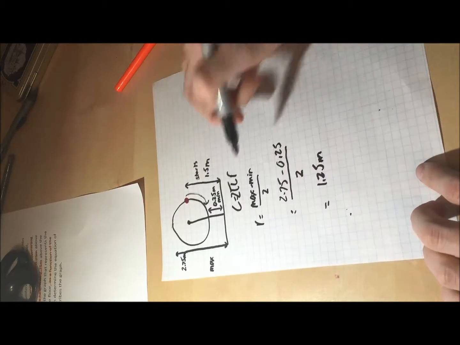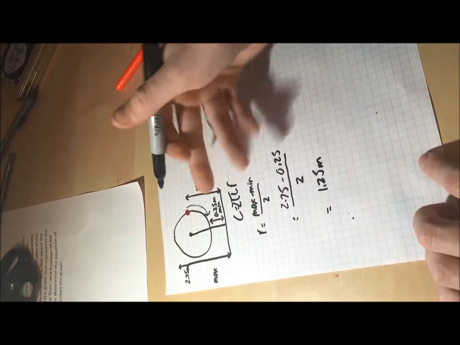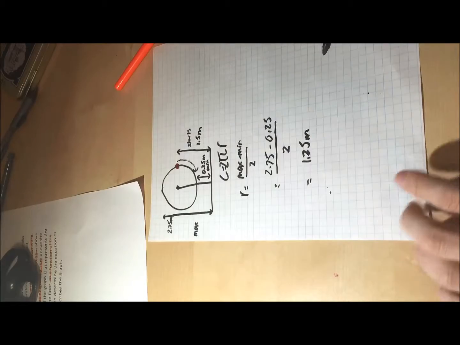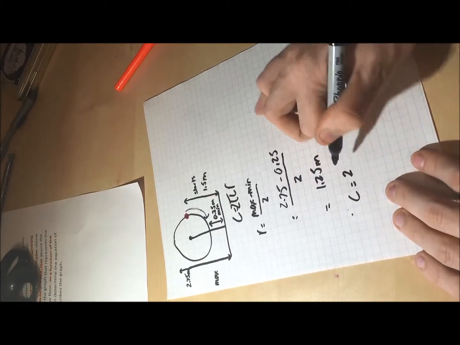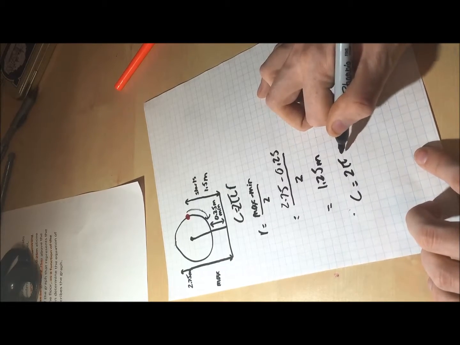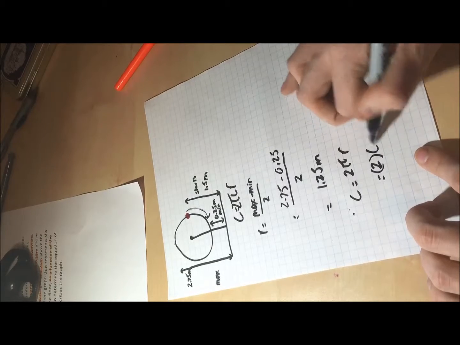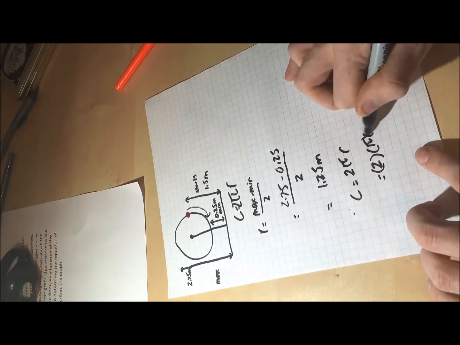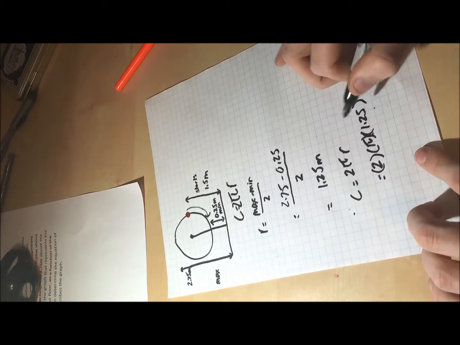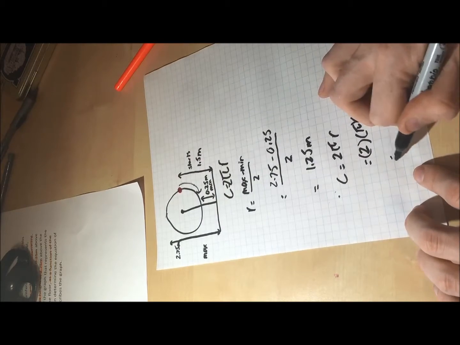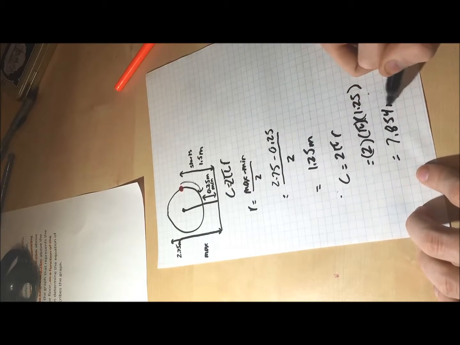Now go back and plug the radius into the equation to calculate the circumference of the circle. So circumference equals 2 multiplied by pi multiplied by the radius. We have 2 times pi multiplied by 1.25, and what this gives us is 7.854 meters.